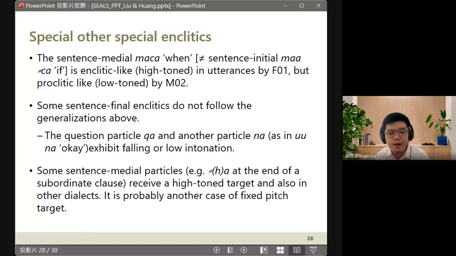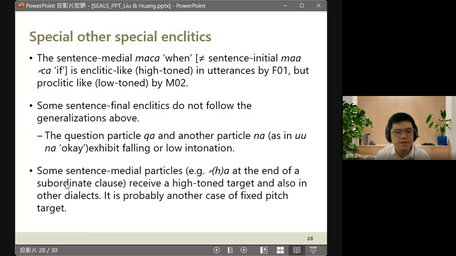And there are still some special enclitics, like maza, which is sometimes enclitic-like and proclitic-like for different speakers. And some sentence-final enclitics do not follow the generalizations above, like the question particle ka and another particle na, which exhibit falling or low intonation.